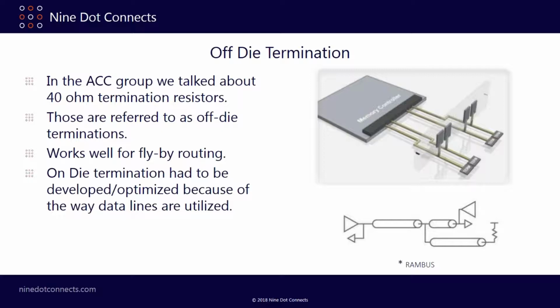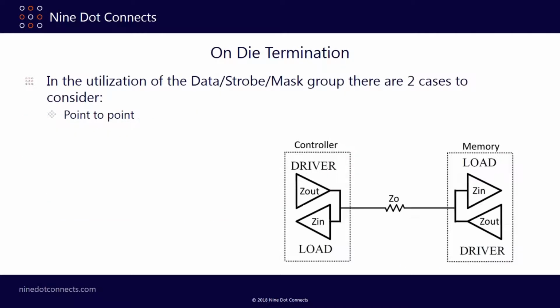And so on-die termination had to be developed and optimized because of the way the data lines are used. You remember the data lines are parallel from the controller to the memory modules themselves. They're also shared by all the memory modules. In utilization of the data, strobe, and mask group, there are basically two cases to consider.